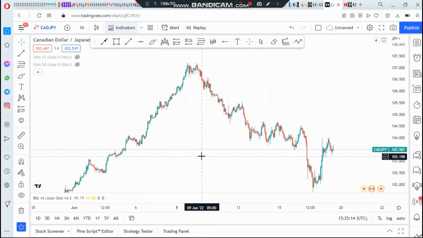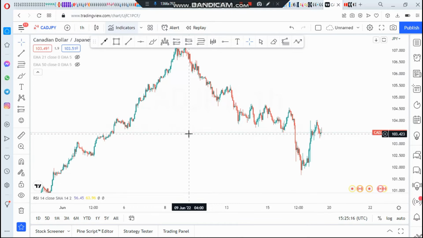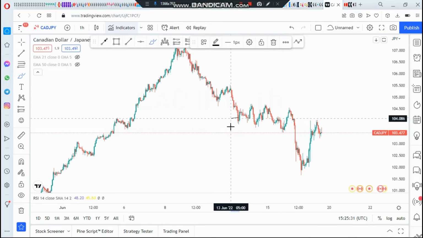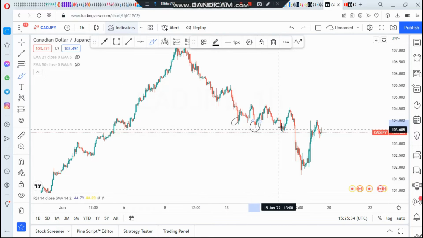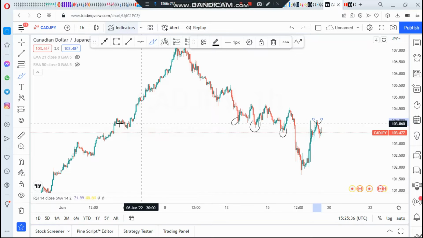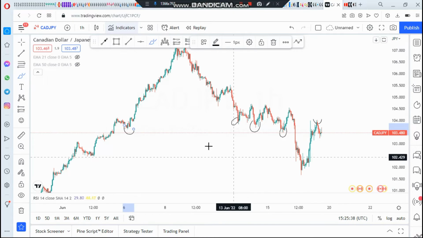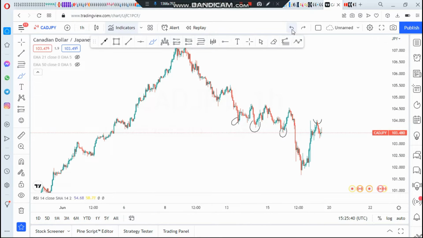So guys, as for me, what I'll start doing before taking any positions or placing any positions is I want to see the demand and supply line. So how do you spot the demand and supply line? You look for these areas around here, these areas can help you identify the demand and supply zone.